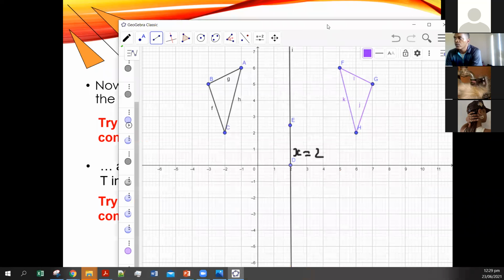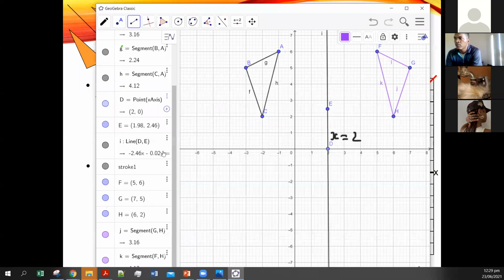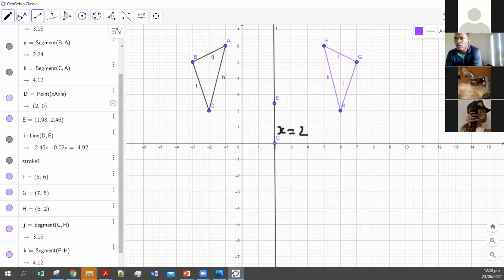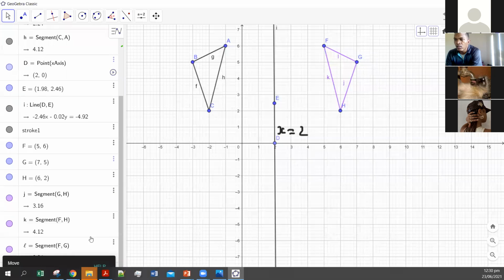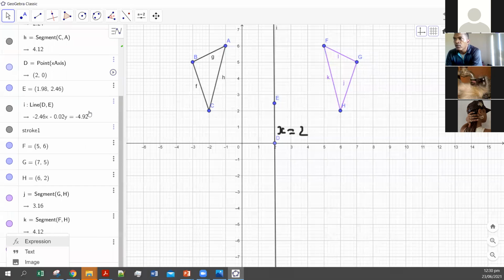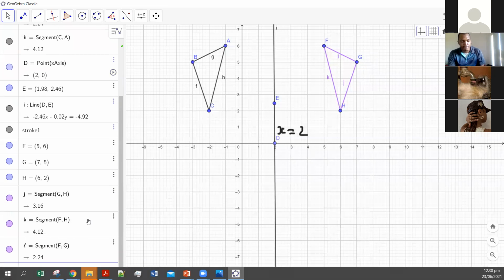Okay, so with x equals y, in order for me to basically draw it in. That is the line that we have to reflect it on.